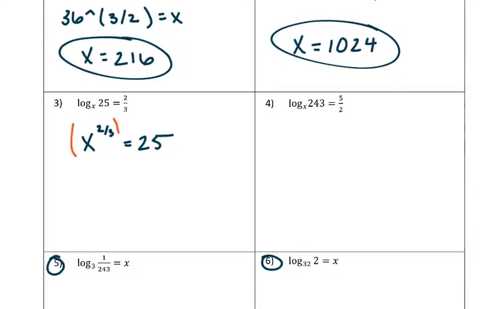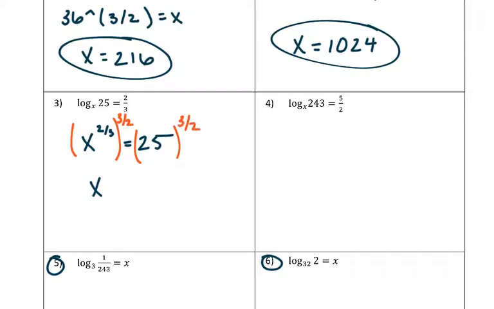You eventually want x to the first power, right? Because you want it to be by itself. Well, if you are taking it to another power and the powers are multiplying, the power that you want to take it to is going to be the reciprocal. It has to be 3/2. Since you do it to one side, you have to do it to both.